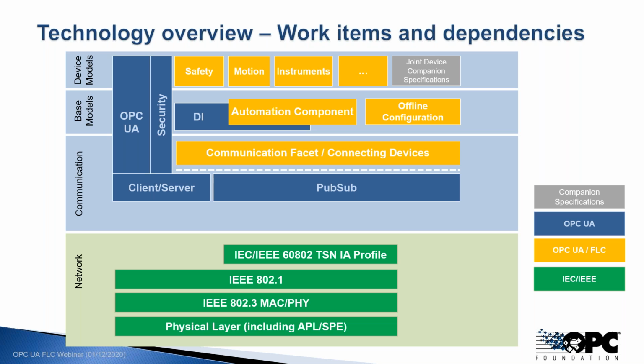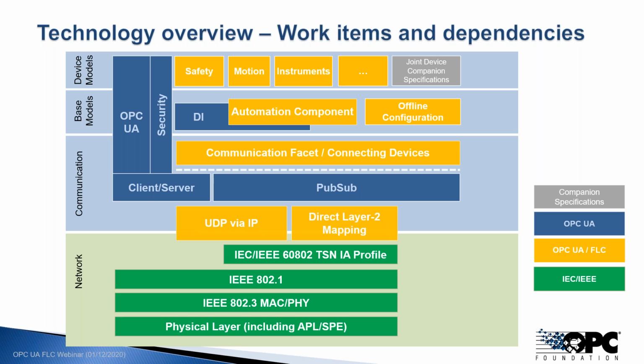If we look down to the communication, to the network layers, as I mentioned, we are relying our framework on IEEE standards, and also very important for time-sensitive networking is the IEC IEEE 60802 TSN profile, because this standardizes the use of TSN features to have then really cross-vendor and cross-protocol ecosystem for TSN that allows the convergence of IT and OT traffic.